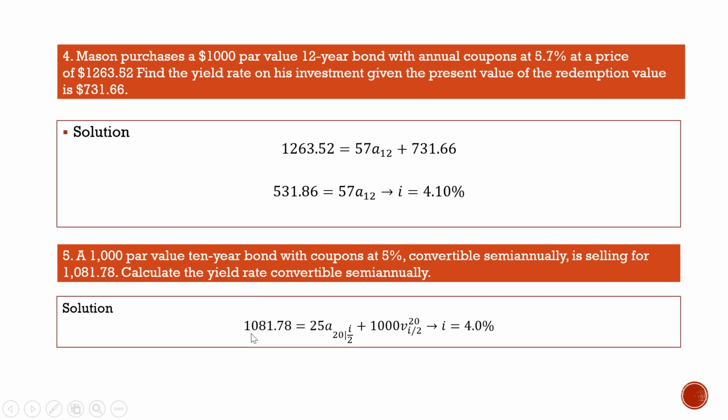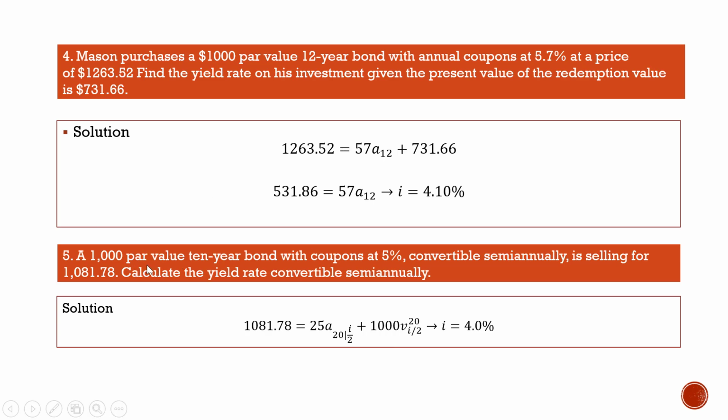So the price 1081.75 is equal to the coupon $25 a_20, because for 10 years and times 2 is 20, because each year is convertible semi-annually. And interest here we use i/2 because i is the interest rate we are looking for. And 1,000 is redeemable value, because here is set par value.